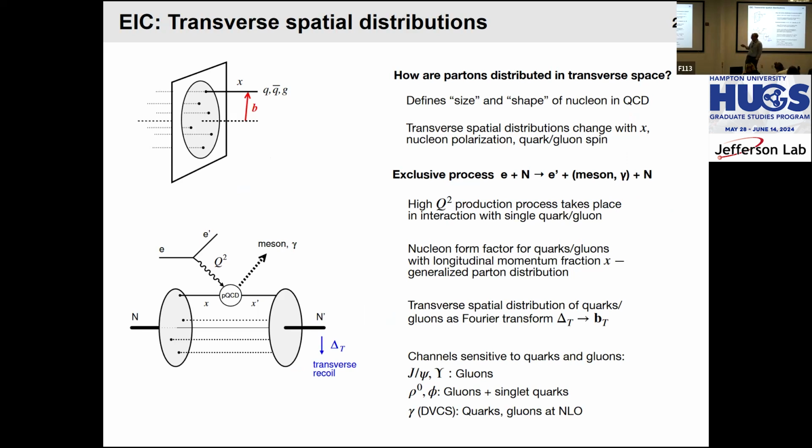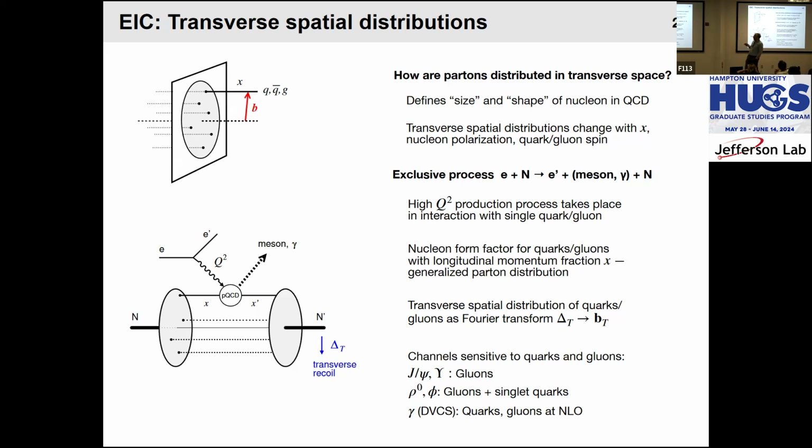physical characteristic of the nucleon in the parton picture that we can probe is the transverse spatial distribution of the partons. So here we think about these quarks and gluons as being at certain impact parameters from the center, from the transverse center of the system. One can show that this is a good concept in the relativistic context.